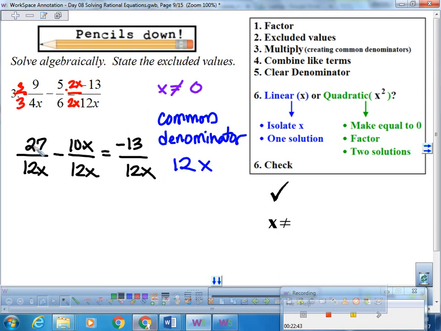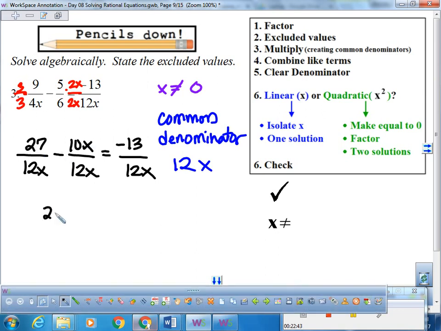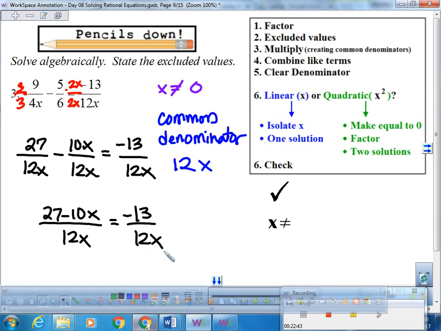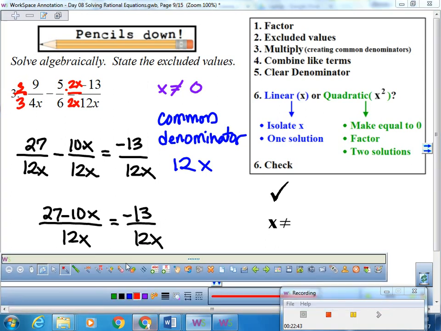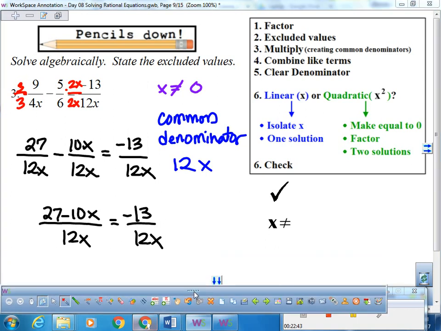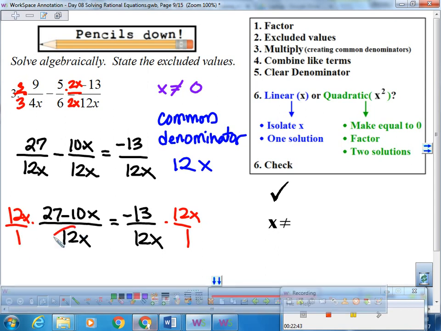So 27 over 12x minus 10x over 12x is equal to 27 minus 10x all over 12x, which is equal to negative 13 over 12x. Now I have a denominator that matches on both sides. I could take one extra step and multiply both sides by 12x over 1. You can do that. Or you could just recognize that the denominators are equal, then the numerators are equal.